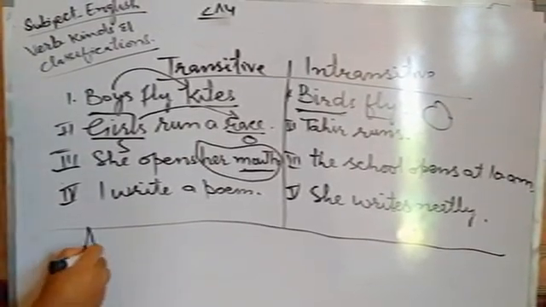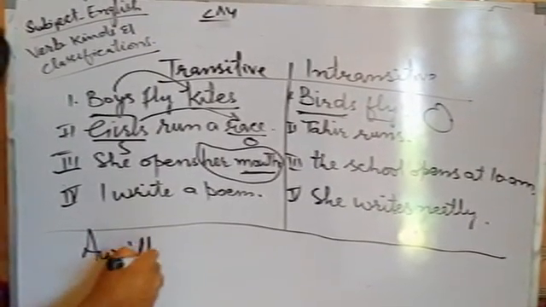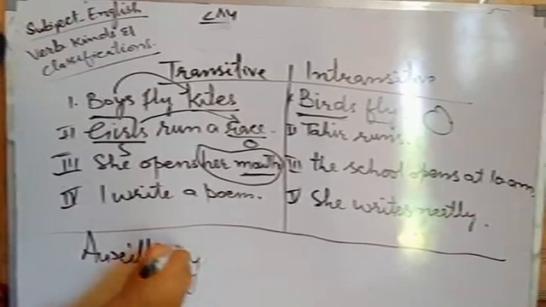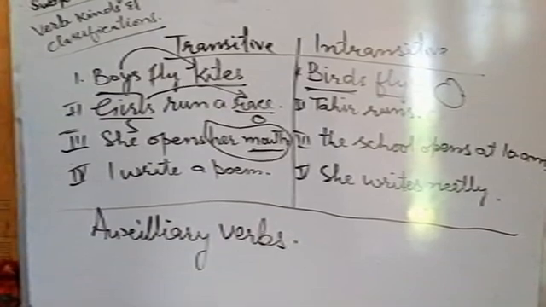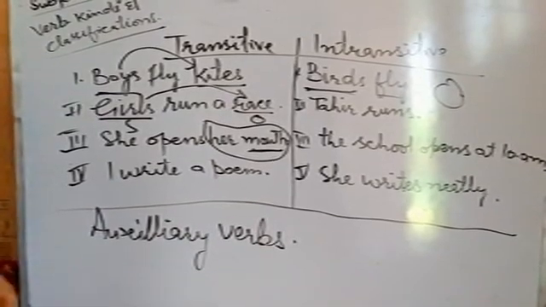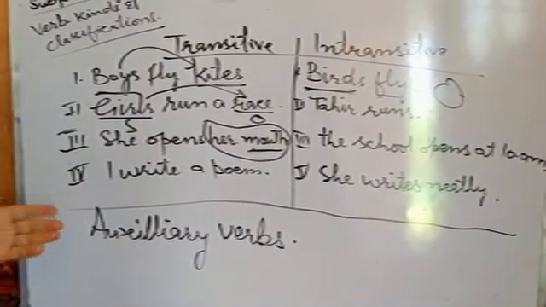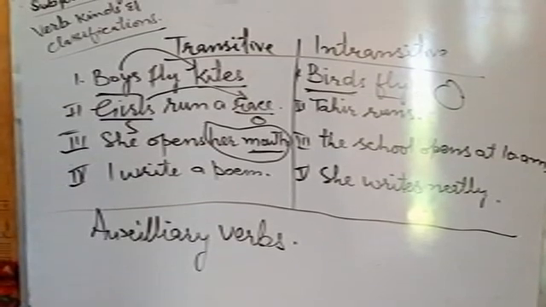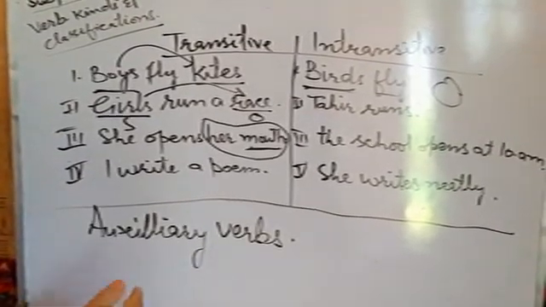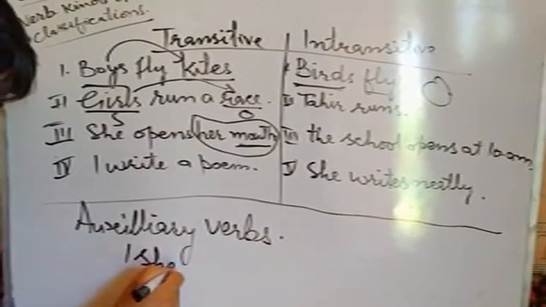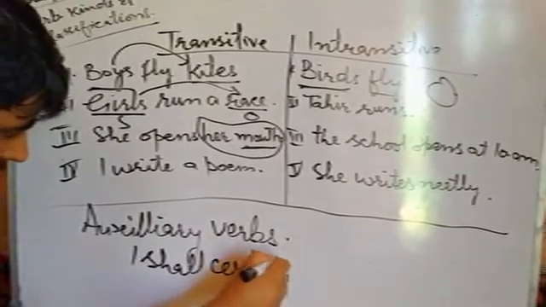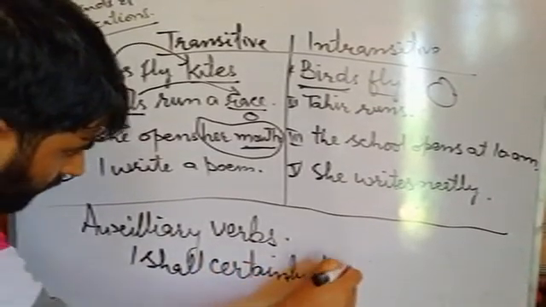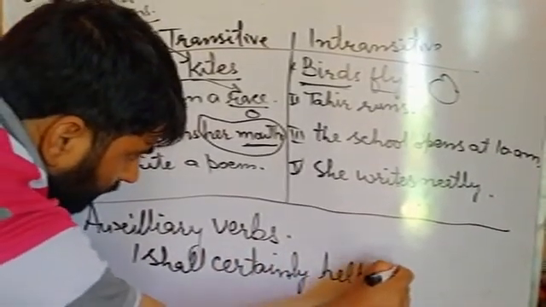Now auxiliary verbs. They are also known as helping verbs. They help us to show state. It does not show action but shows state. For example, I am the teacher. Am is here a helping verb. I shall certainly help you.